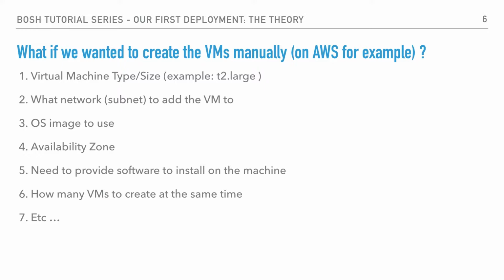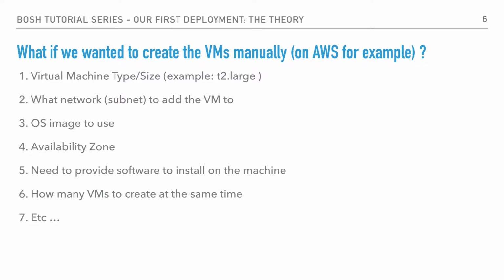We want to have an OS image. Sometimes, do I need Ubuntu, do I need CentOS, do I need maybe Ubuntu that has HAProxy, etc. We want to also provide the availability zone, for example, is it going to be US East 1A, 1C, 1B, etc., to place the VM in.